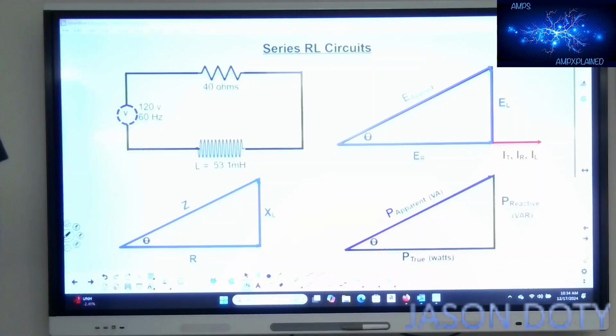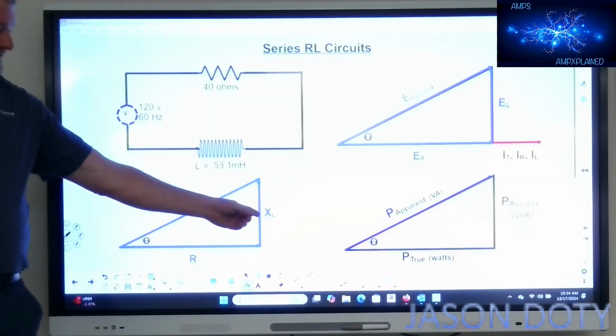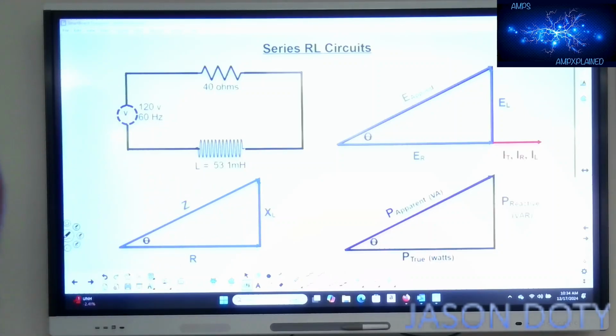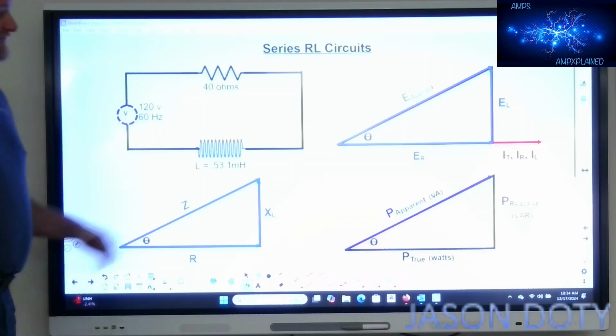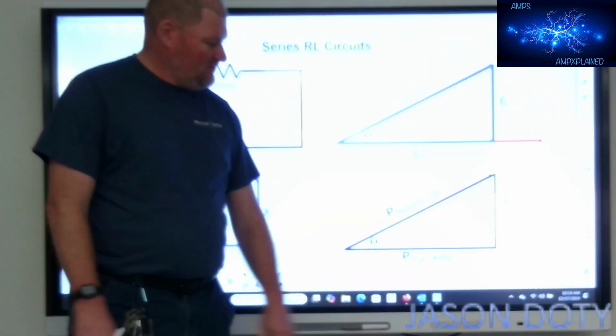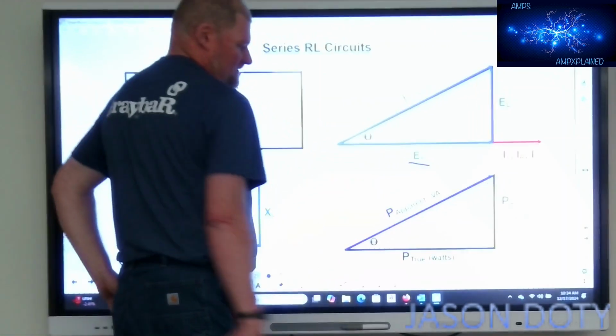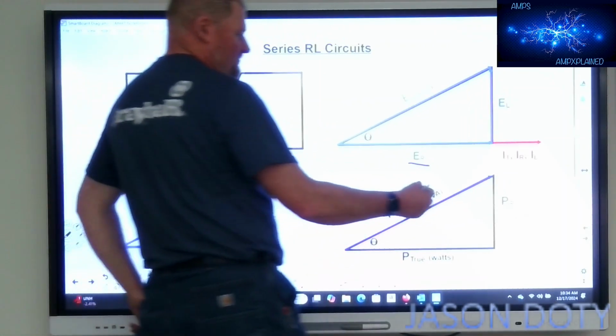They're actually vectors that are showing us the phase relationships between resistance, inductive reactance, and then our overall impedance, which of course we know is defined as the total opposition to current flow.